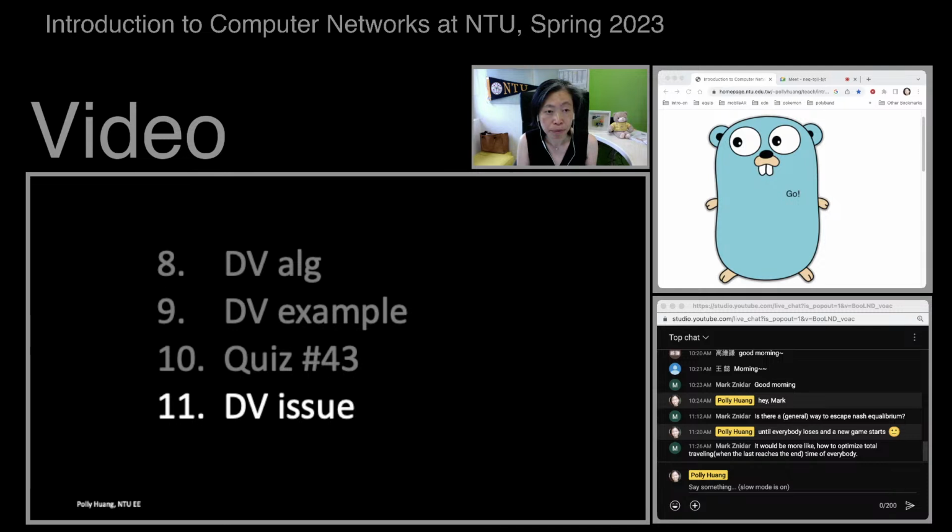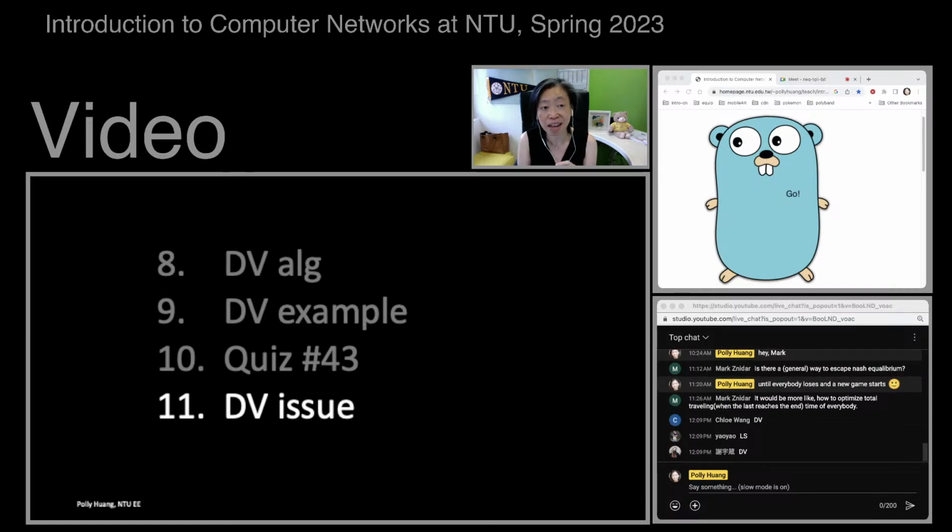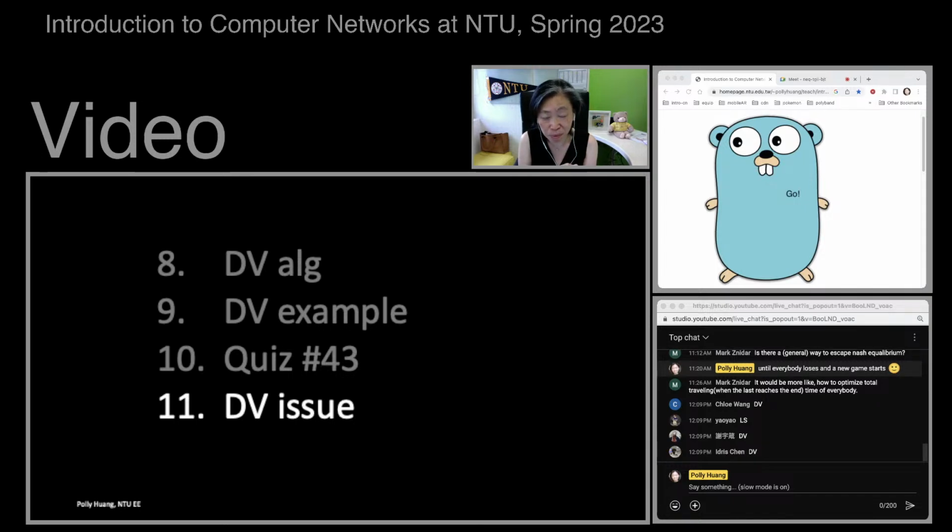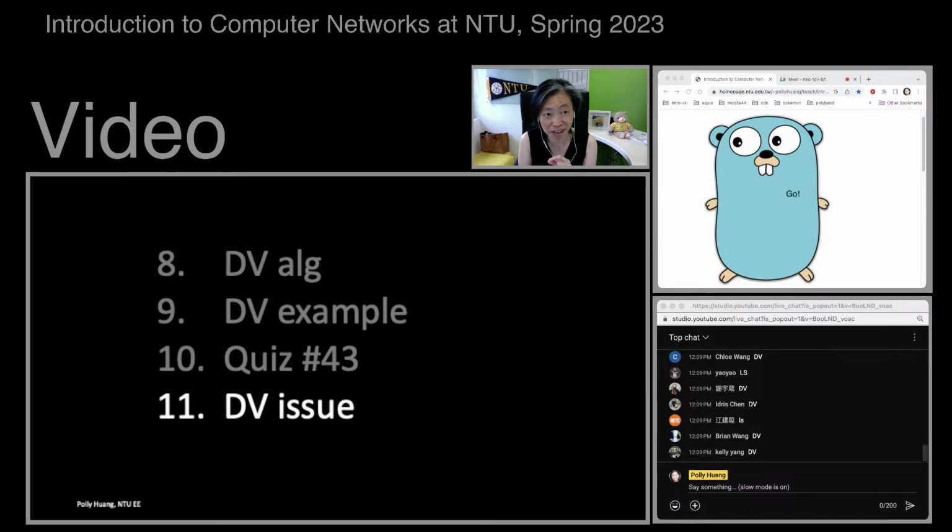And let me stress again, solving DV problems, the easiest way is to pretend that you are as dumb as the router. And you will see this is very important next Tuesday when we introduce the issues of distance vector routing. These issues usually show up when there's a link cost change, a link suddenly breaks, or a link suddenly comes back.